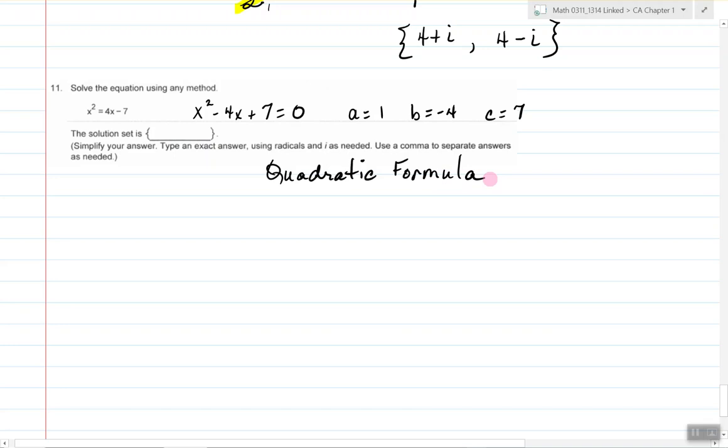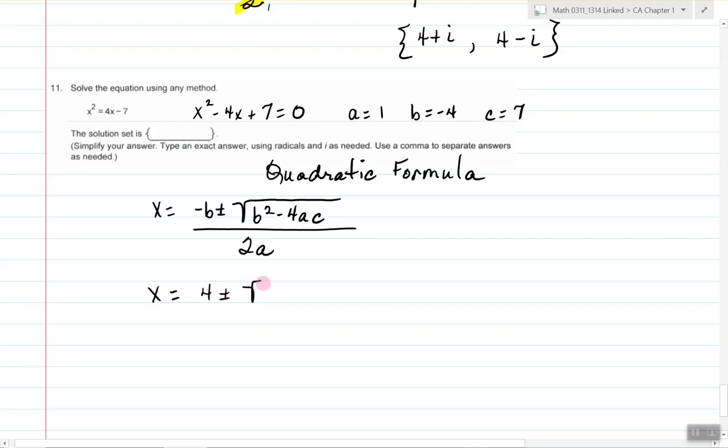That method would work also. x is equal to negative b plus or minus the square root of b squared minus 4ac all over 2a. x is equal to negative b means the opposite of b, so it'll be 4 plus or minus the square root of parentheses negative 4 squared minus 4 times 1 times 7 all over 2 times 1.